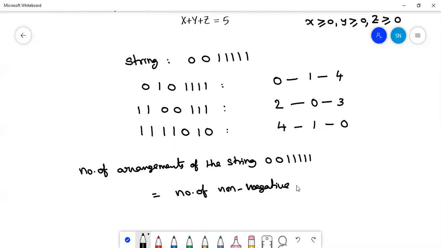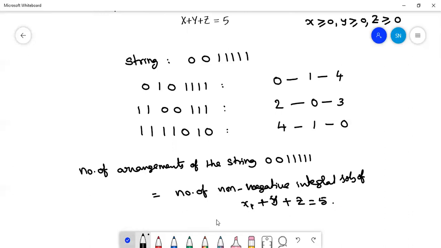Non-negative integral solutions of x plus y plus z equal to 5.